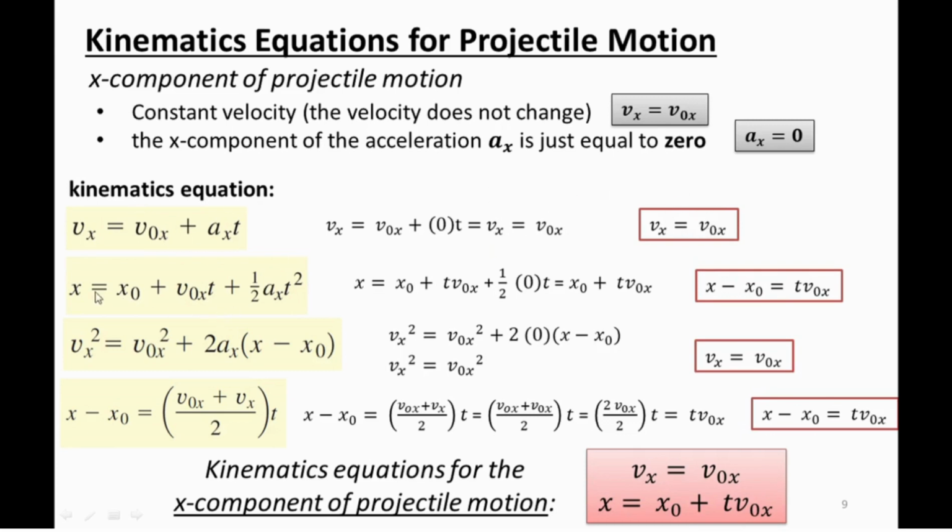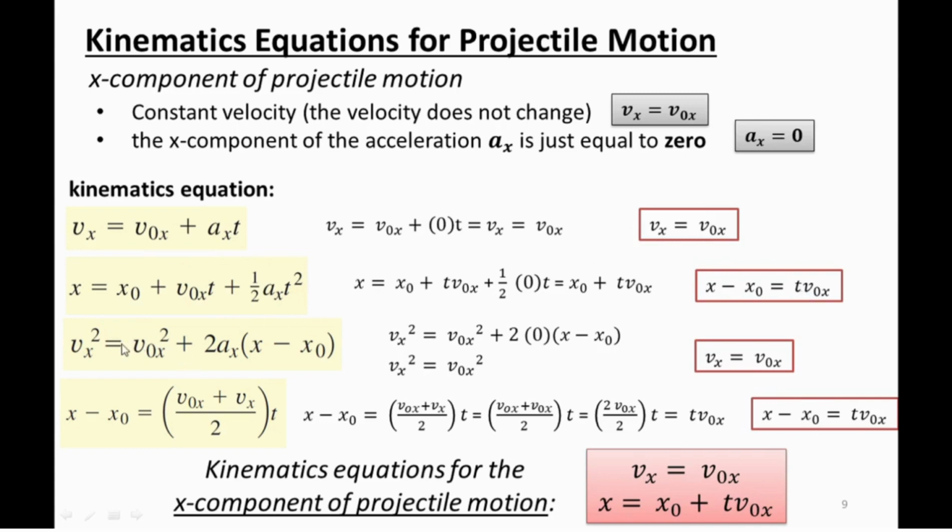Next, the second equation. Again, this is equal to 0, so we are left with this equation. That will give us x minus x sub 0, or x naught, is equal to the initial horizontal velocity times t, which means that the distance traveled along the x component is just equal to the initial x velocity times the time it takes for the projectile to hit the ground.